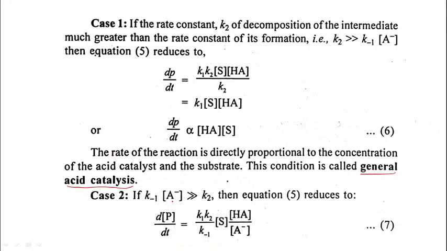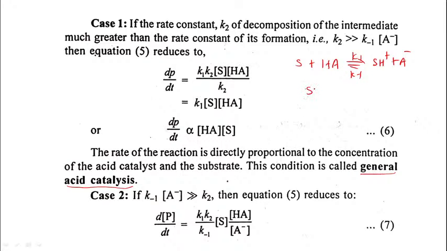If K minus 1 into the concentration of the anion is very much greater than K2. Let us once again write that process here. Substrate reacts with general acid, which gives the product intermediate, that is SH positive, and anion A minus, and this is reverse.